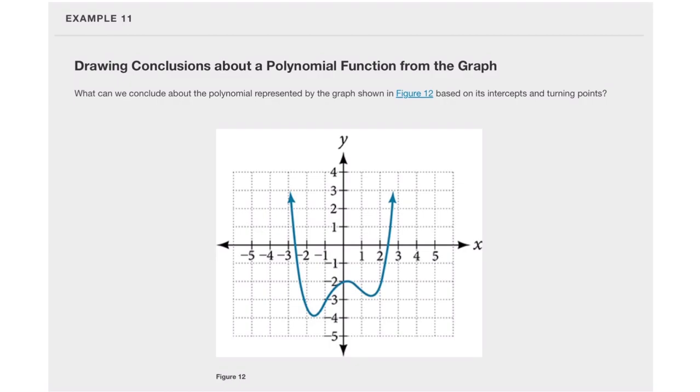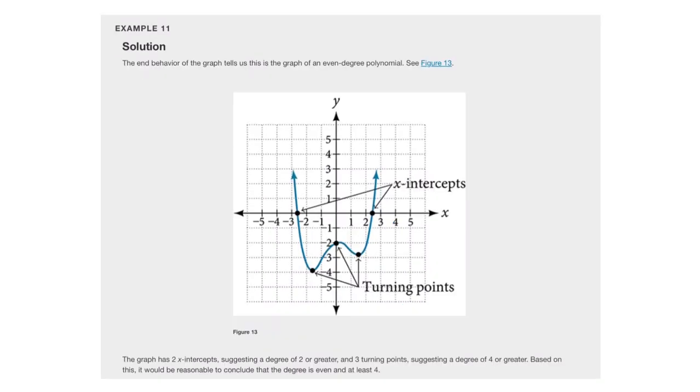Then we have 1, 2, 3 turning points. So that means it could be a degree 4 polynomial. I think it should be 4 because that middle part could go up more, and we could have 4 x-intercepts, but we don't. So it looks like it could be at least a degree 4 polynomial.